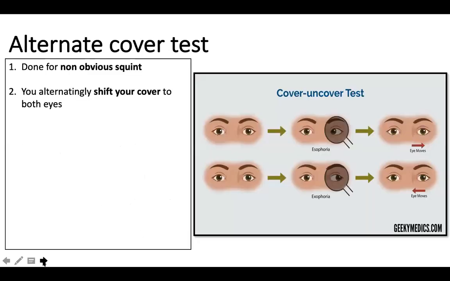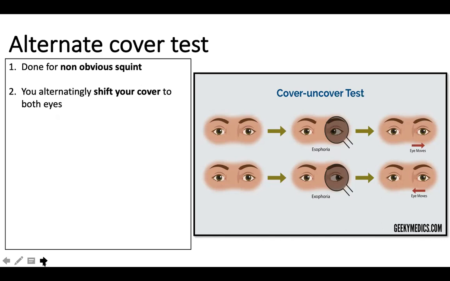The presence of a deviation like in this particular cartoon indicates that the child has a non-paralytic squint. And in an alternate cover test, it is almost the same principle, but instead of covering one eye, you rapidly shift the cover between the right eye and the left eye: right eye, left eye, right eye, left eye. The principle is almost like looking for your relative afferent pupillary defect or RAPD test, the rapid swinging torchlight test.